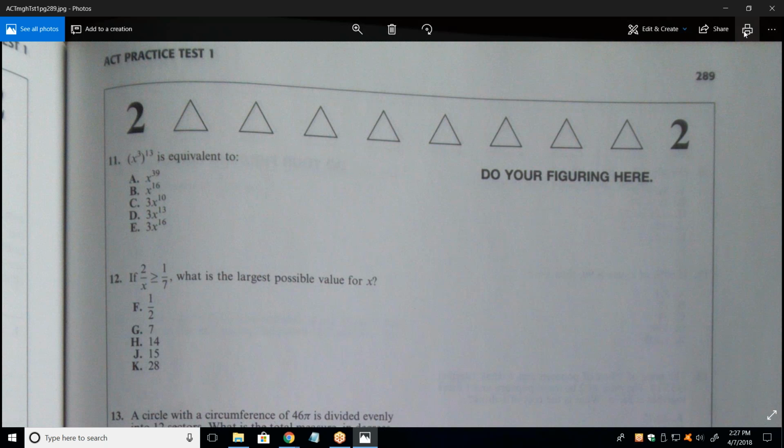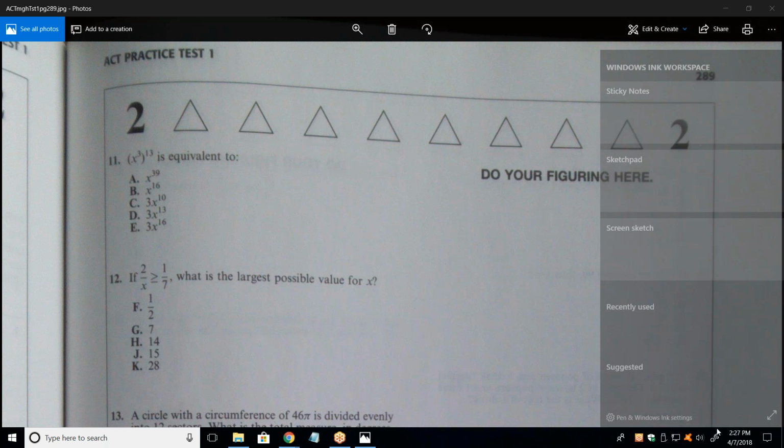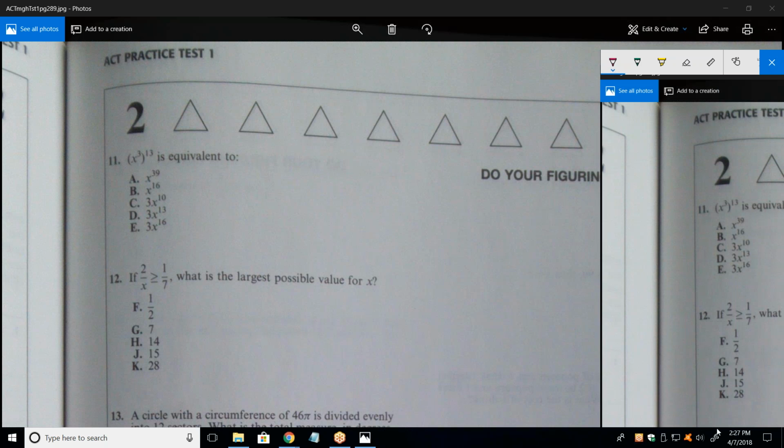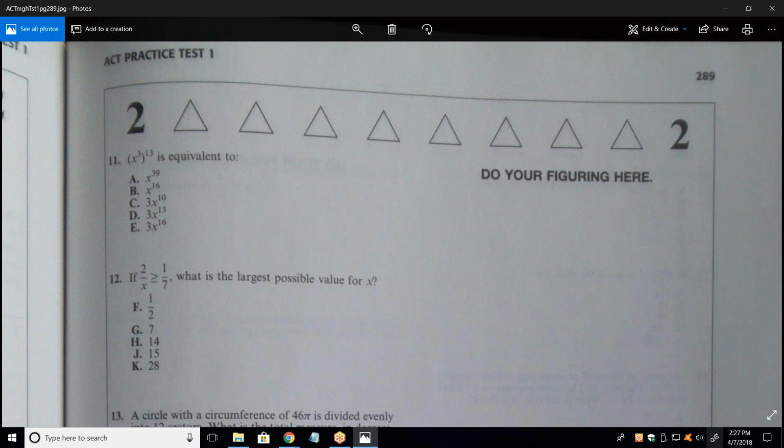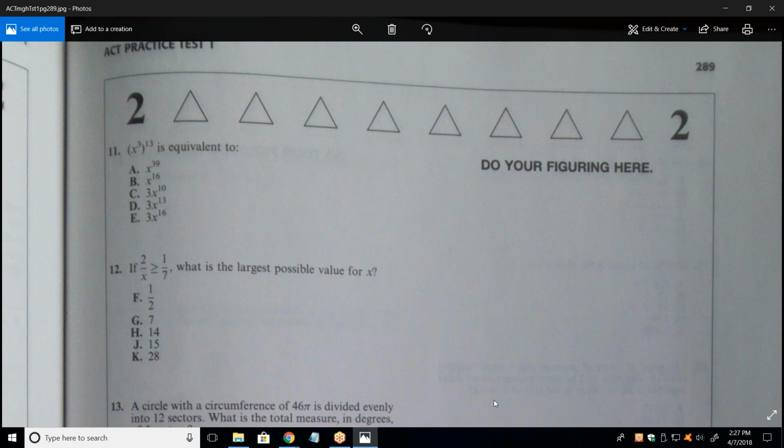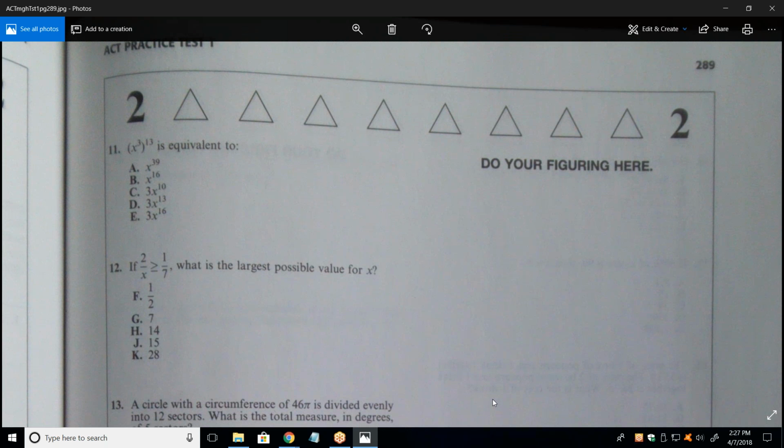What's number 11? Okay, so do you do 13 times 3? So 39. So would it just be x to the 39? That's it.